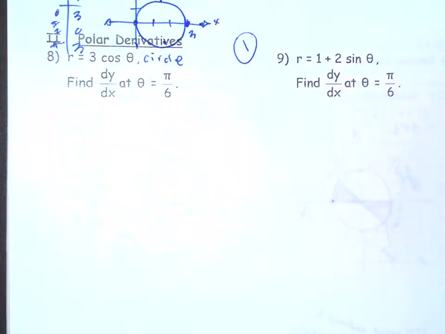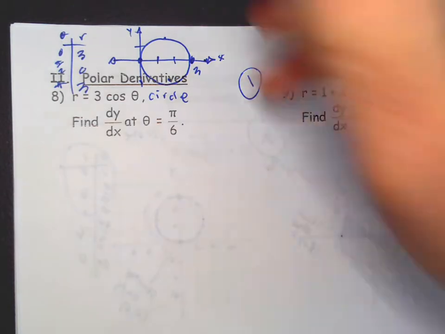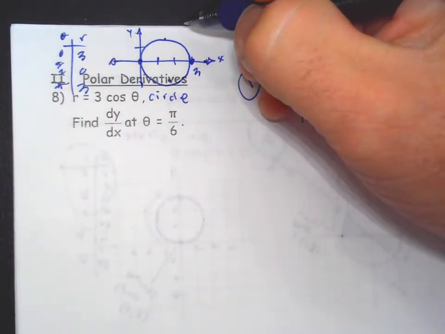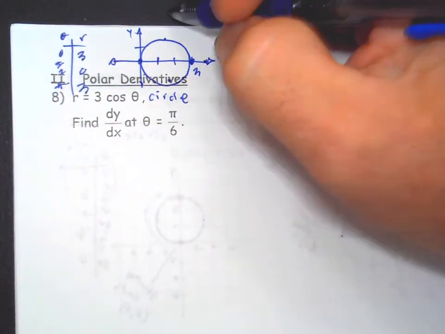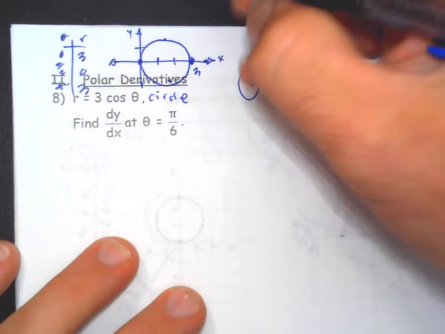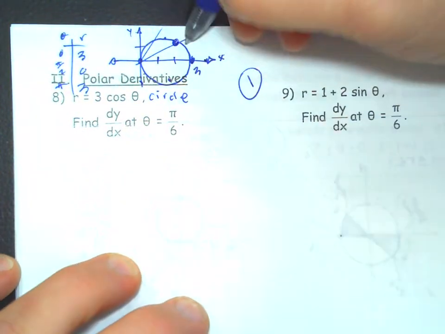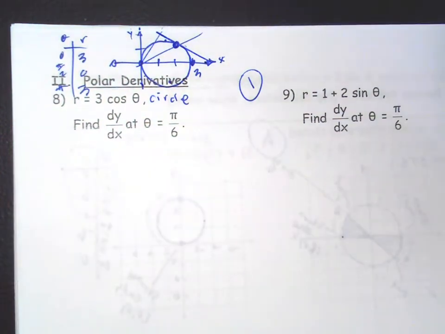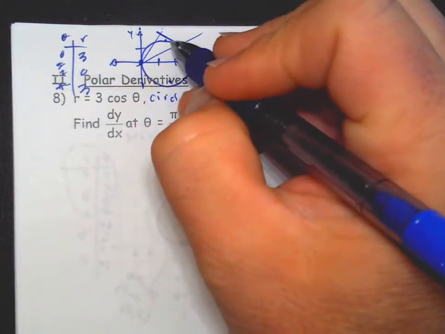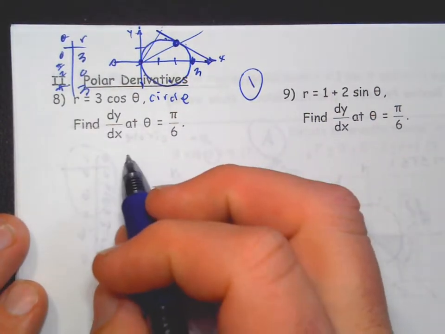That's what that graph looks like. Let's see. I mean, if you don't do the graph, that's fine. I'll give you full credit if you get it right, but I'm just saying this might help you. So at pi over 6, that'd be like somewhere around here. So I don't know. Maybe it's going to be a negative slope. It's hard to tell, or could it be that horizontal one? I don't think it's going to be vertical. So we'll see what happens. It looks like it'd be a negative slope.